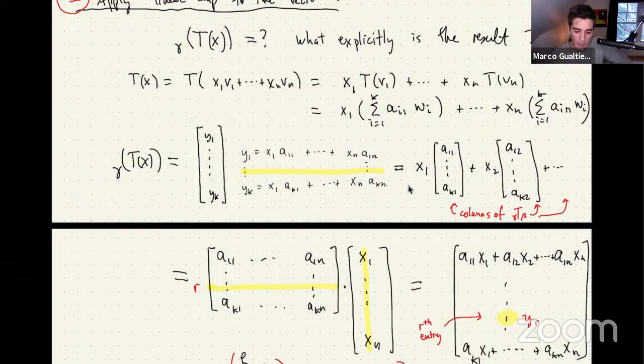So some people would write this as x1 up to xn times TV1 up to TVn. In other words, they start to put vectors in the matrix rather than just numbers. That's what you're fishing for. Yeah, that's what I'm thinking.